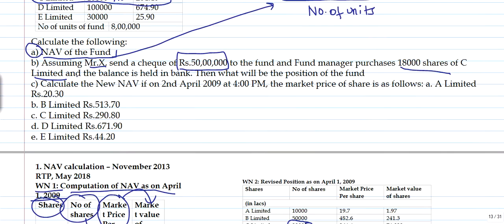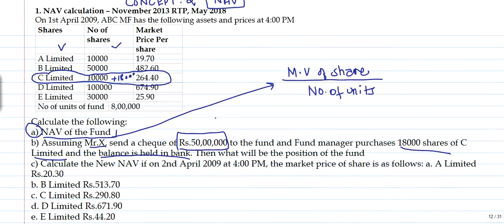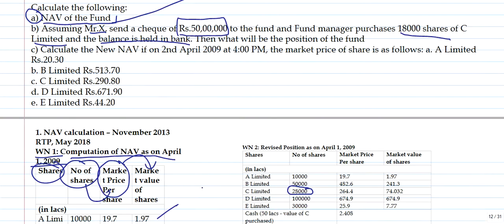Then the balance is held in bank. What will be the position of the fund? What is the balance? Because here the price is 264.4 per share, so 18,000 into 264.4 comes to 47,59,200. So some amount will be in cash.